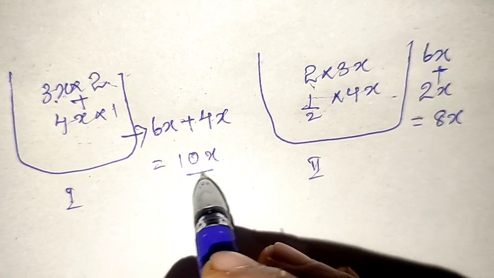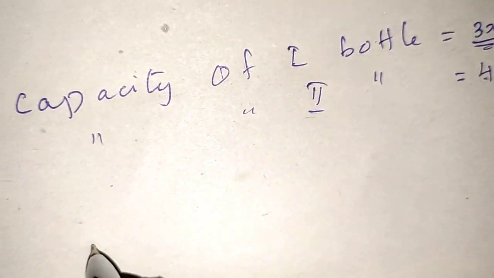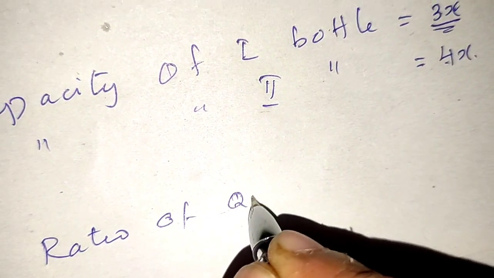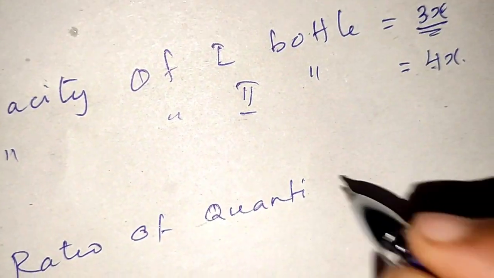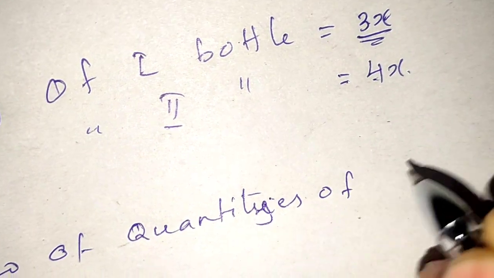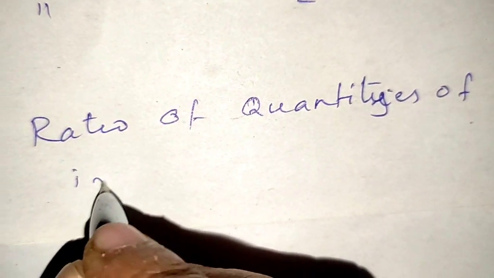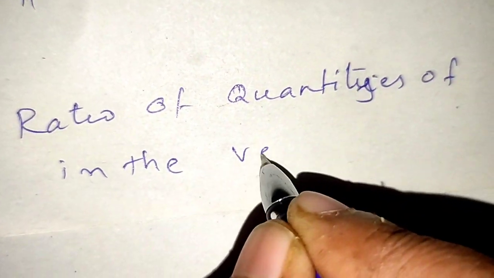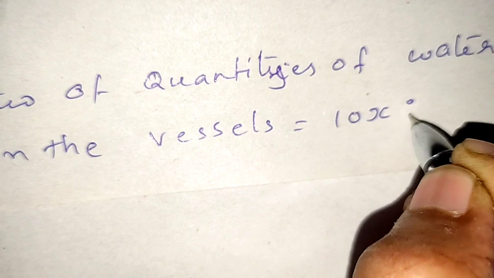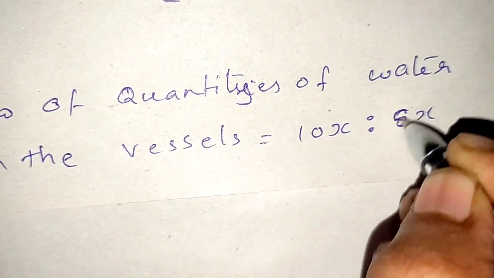Now we need to find out the ratio between these two quantities. So the ratio of quantities of water in the vessels is equal to 10x is to 8x.